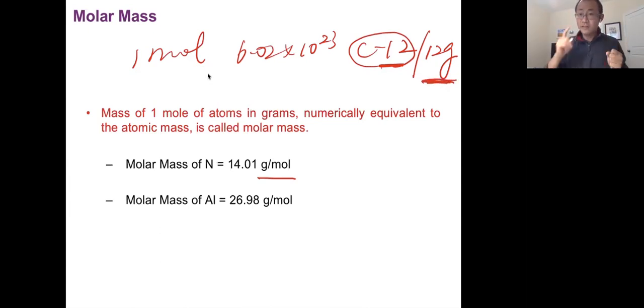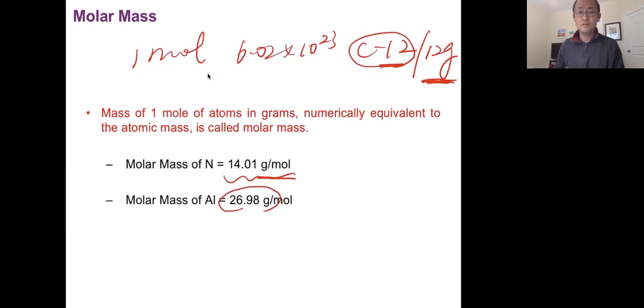Nitrogen, the atomic mass is 14, no unit, but 1 mole of it will be 14 grams. Aluminum, the atomic mass is 26.98, no unit, but 1 mole of aluminum has a mass of 26.98 grams.